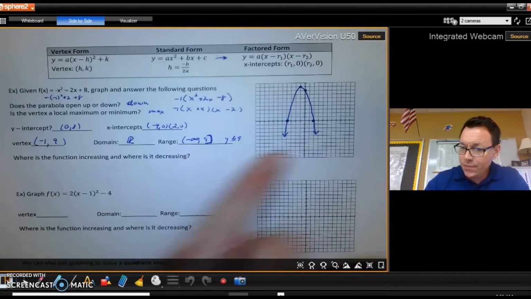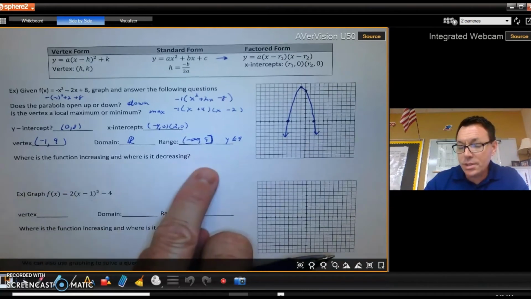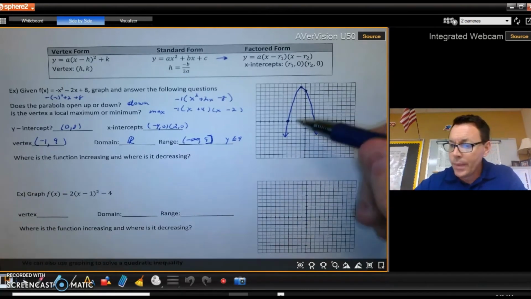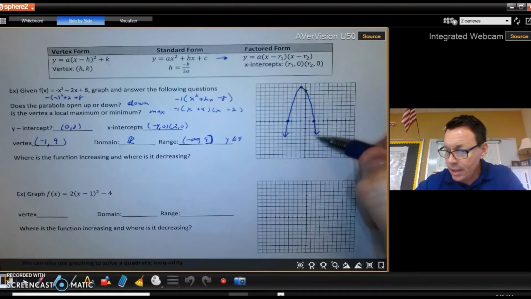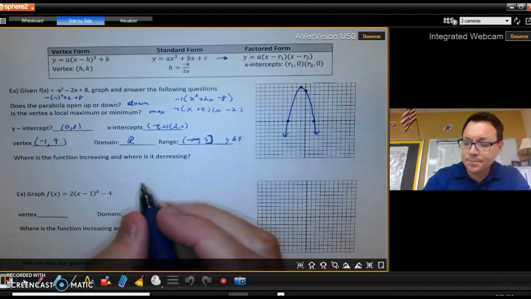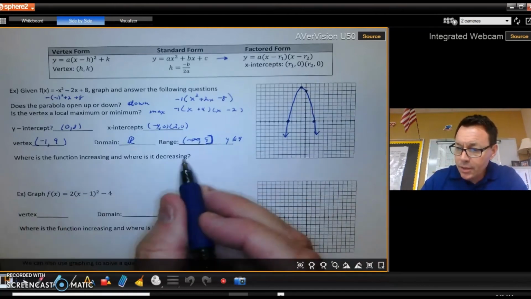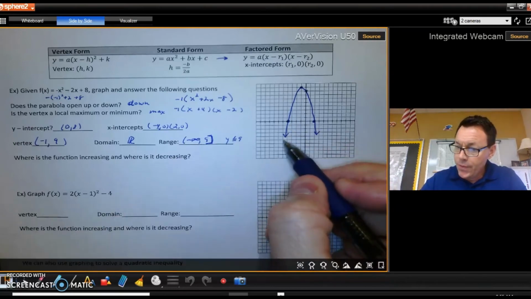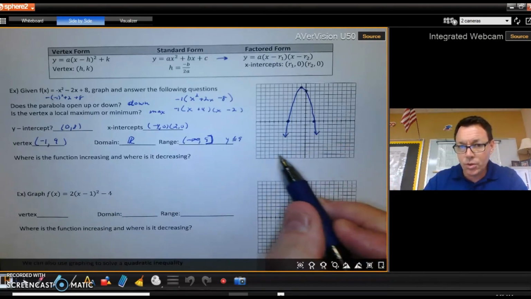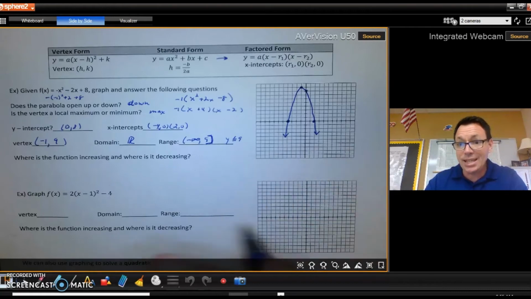Where is this function increasing and where is it decreasing? Okay, we've talked about that before. This graph is increasing from here to here, and it's decreasing from here to here. Now, this is tricky. When we talk about increasing and decreasing, we talk about x values. So, this graph is going towards negative infinity in the x direction.